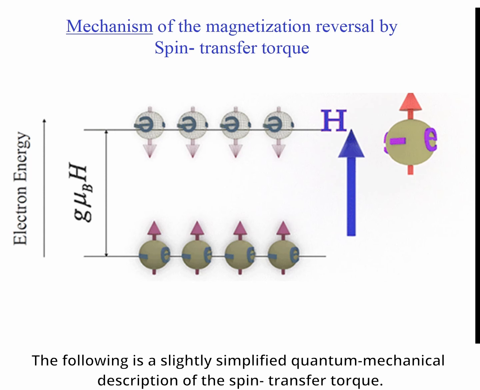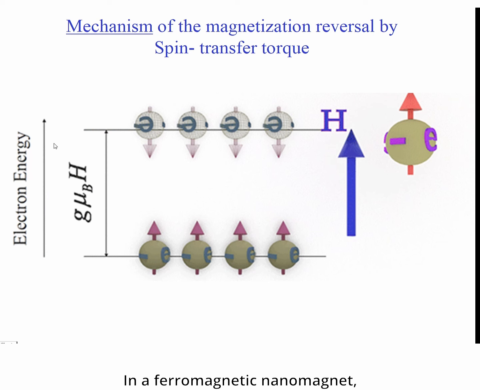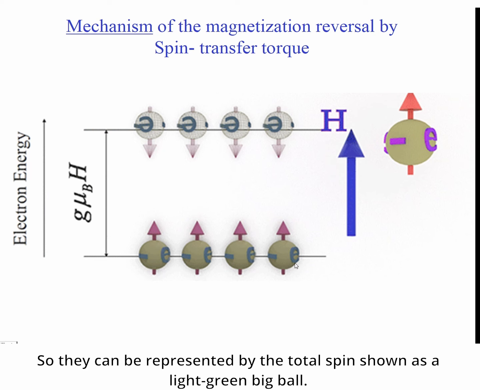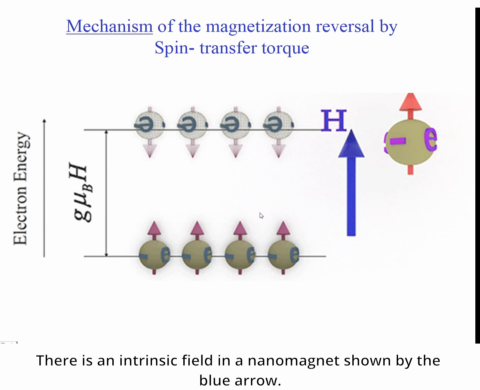The following is a slightly simplified quantum description of the spin transfer torque. In a ferromagnetic nanomagnet, all spins of localized electrons are coupled to each other by the exchange interactions, so they can be represented by the total spin, shown as a light green ball here. There is an intrinsic field in nanomagnets, shown by the blue arrow.